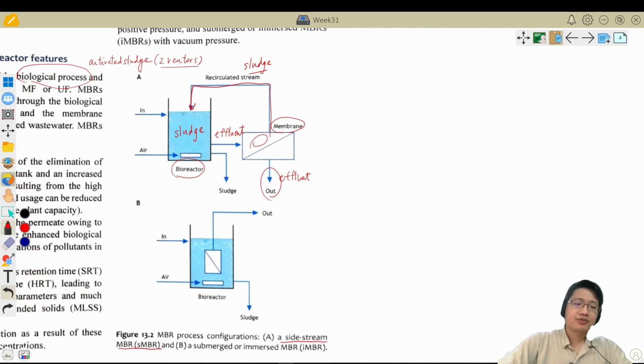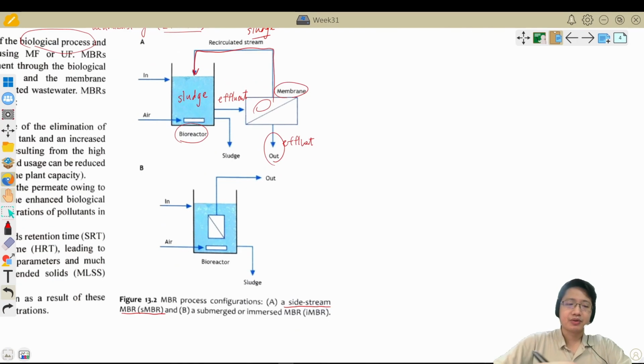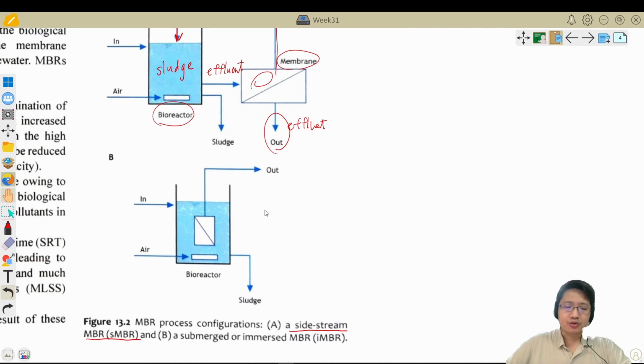This is just putting the membrane module as a replacement of the secondary clarification tank. However, if you are using a different type of MBR, where you put the membrane modules directly inside your bioreactor, we call it a submerged or immersed MBR. By using this kind of MBR, you don't have to provide an additional tank or additional place to put the membrane module. You just put it in your original bioreactor, and your effluent still passes out.